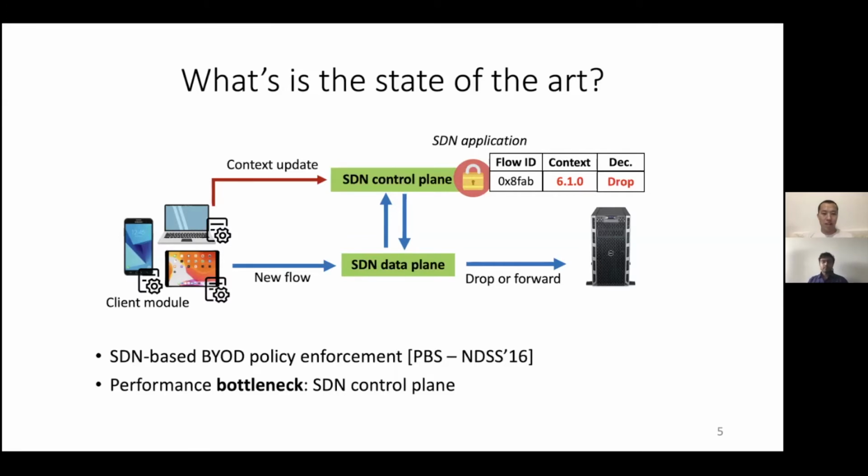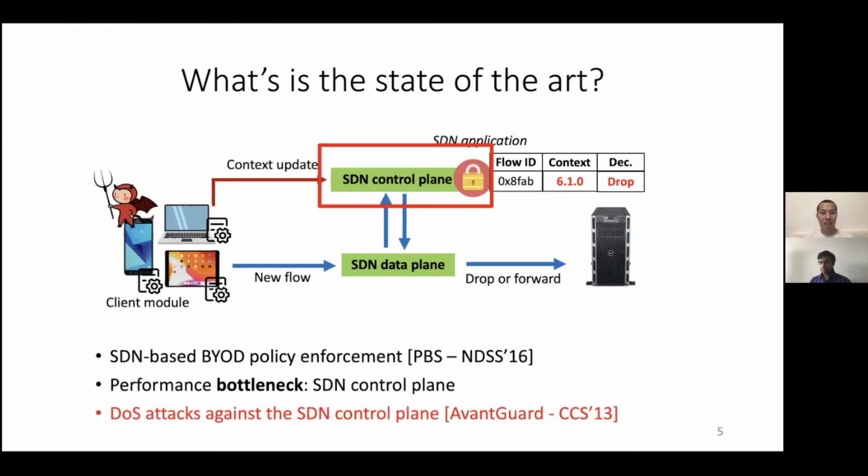In this paradigm, the performance bottleneck is the SDN control plane because this is basically software. It is not a hardware-assisted system, so if the clients are malicious, they can launch DDoS attacks against the control plane by sending numerous context updates. This is also sometimes called SDN saturation attacks.